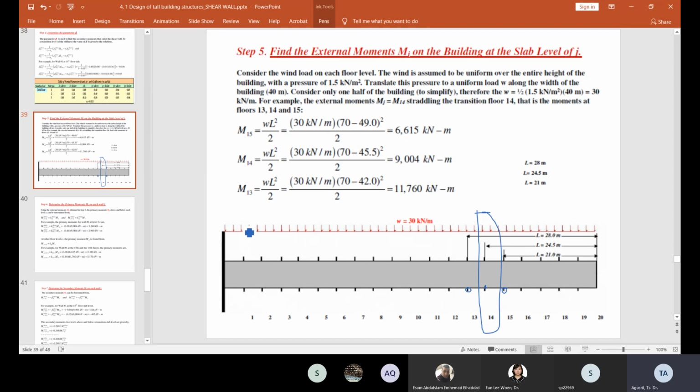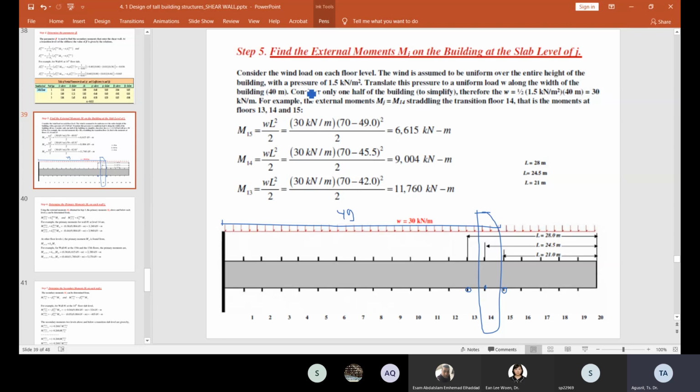The total height of the building is 70, minus the location of the floor from the ground, so this one measured to level 15 is 49 meter. So this one is 28, this one 24.5, and this one 21.